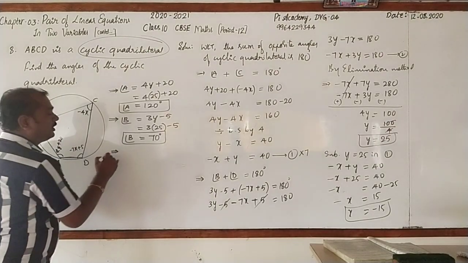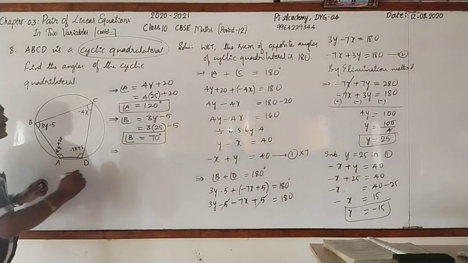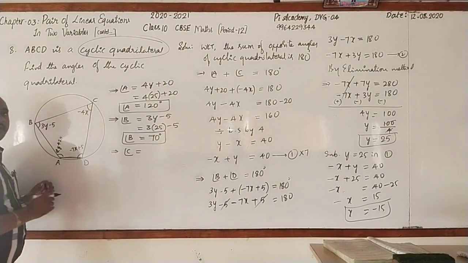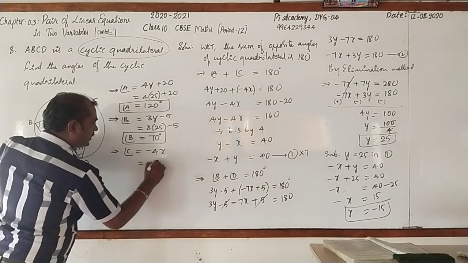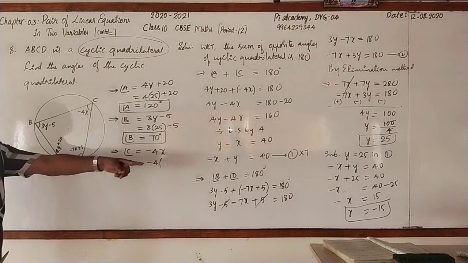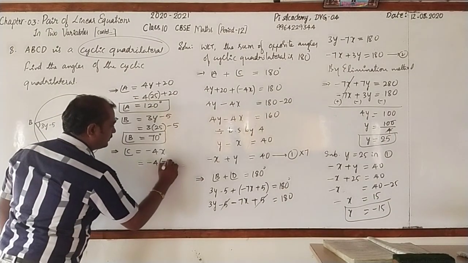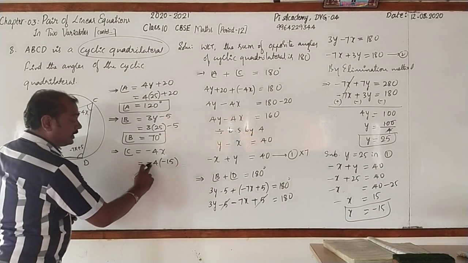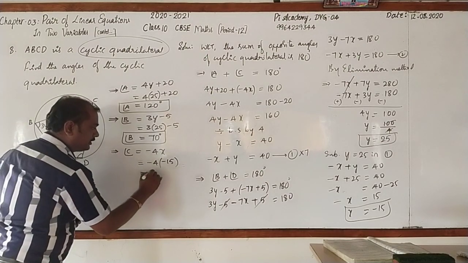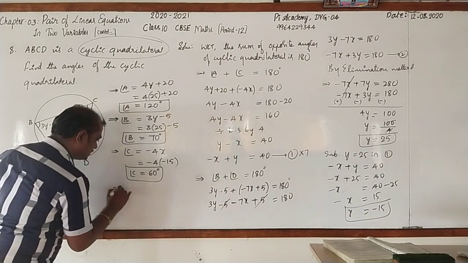Next, let's move on to find out the angle C. What is that angle C? Yes, it is minus 4x, minus 4 into, what is the value of x? See that it is minus 15. Now minus into minus is plus, 15 fours are 60 degrees. Angle C is equal to 60 degrees.